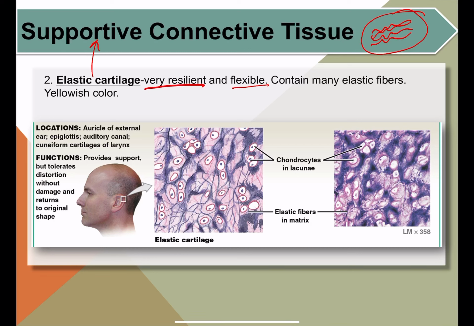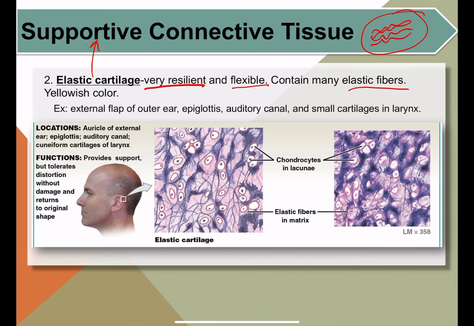So that's why they have a lot of elastic fibers within the tissue, okay? Because they allow for more flexibility, and yet they're a little bit more resilient in terms of toughness compared to hyaline cartilage. So usually areas of the body that have elastic cartilage are external flaps of the outer ear, for example, right here, epiglottis, which is sort of that little trap door that covers over your trachea when you swallow food, so that whatever you drink or eat does not go down to the airway but slides behind into the esophagus.